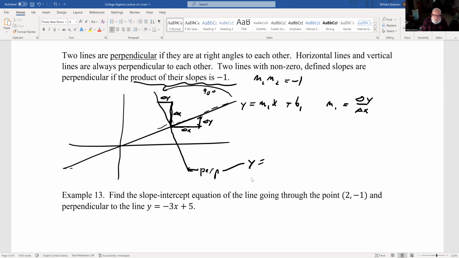So if this is y equals m2x plus b2, what's my slope? M2 is going to be the rise, which is the delta x, but with a minus sign because we're going down, over my delta y, because I rotated 90 degrees, by change in x. So if I take these two and multiply them together, the delta y's cancel out, the delta x's cancel out, but we're left with a minus sign, so -1.